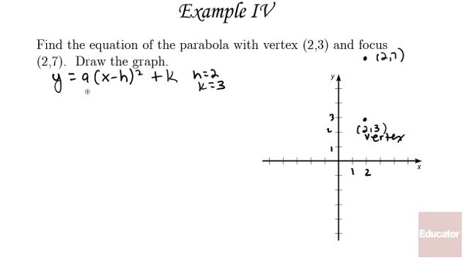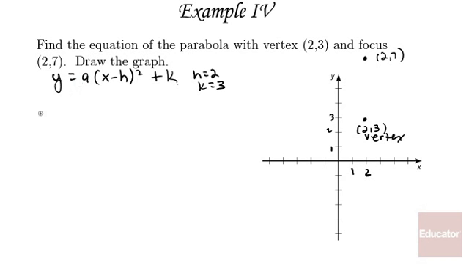In order to write this equation, I need a, h, and k. All I'm missing is a. I'm given the piece of information, though, that the focus is (2, 7), and that is going to allow me to find a. You'll recall I mentioned the formulas for focus and directrix.